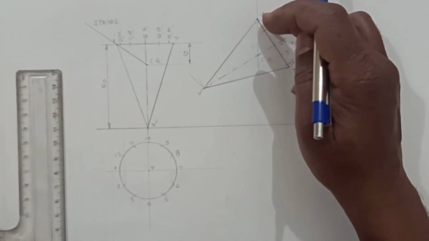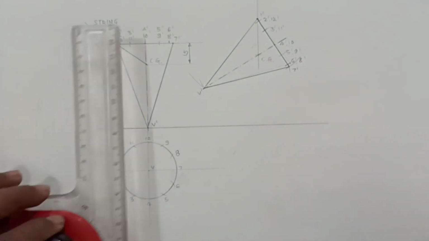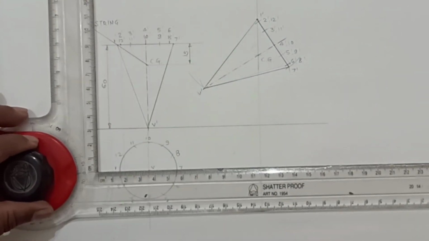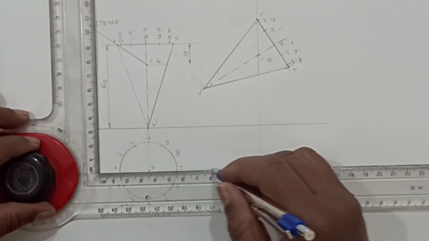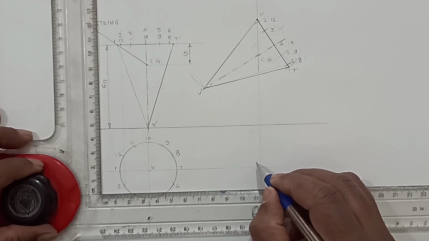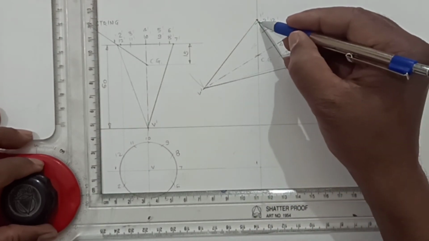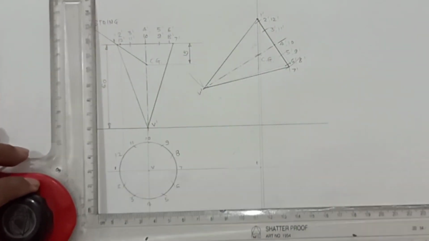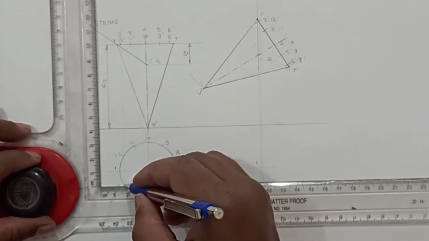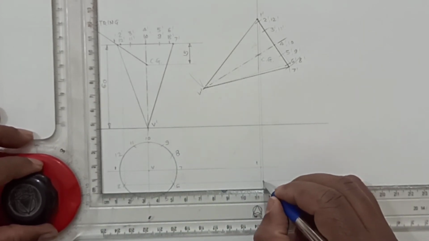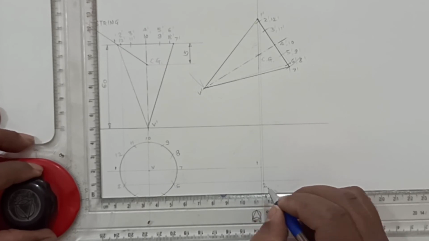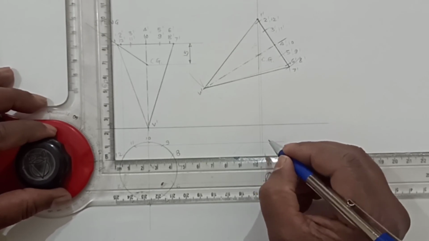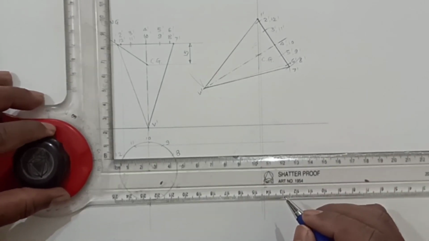Now locate all these points for the top view. So first we'll locate point 1. Point 1 is here. Then 2 and 12. 2 is here, and 12 is here.